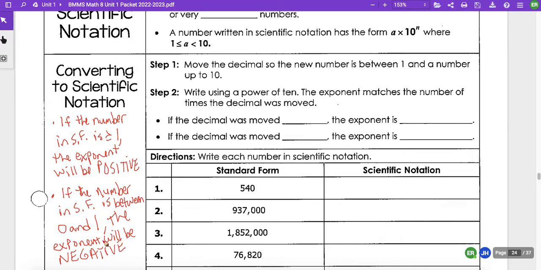And if you haven't had enough time to write all that, just go ahead and pause the video because I'm going to erase this so we can look at some examples.